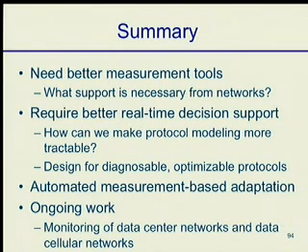And we do want better real-time decision support, because as we detect various unexpected usage of the networks, the question is how do we adapt the networks in real time so that we can offer better performance guarantees over time. I also have some ongoing work, which I can talk about offline, for monitoring data center networks as well as cellular data networks.